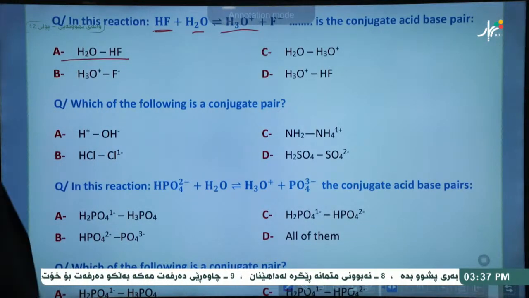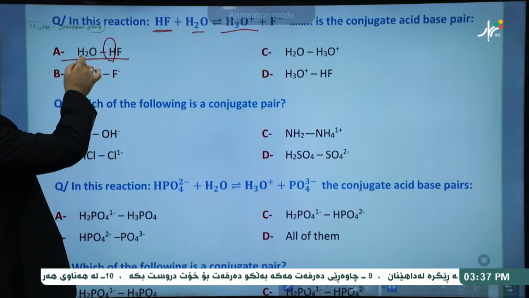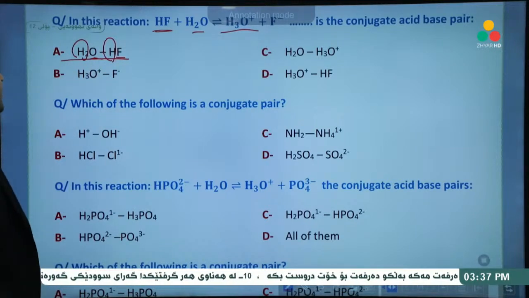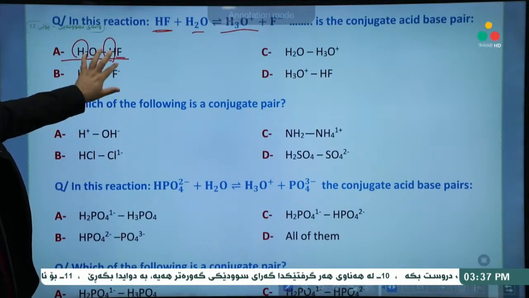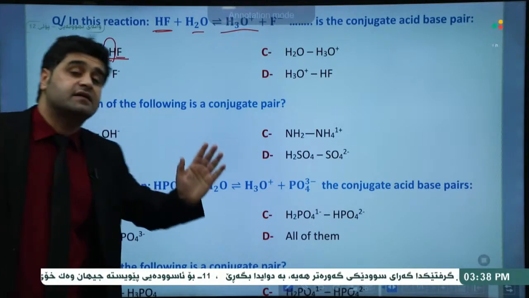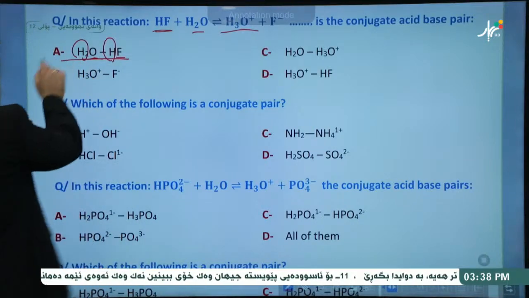No, it's not conjugate. Although they are different from each other by one proton, what about the negative side? It's fluorine, it's oxygen. We should have the same atom for the negative side, and then for the positive side, the difference by one proton. So it's not conjugate, simply.